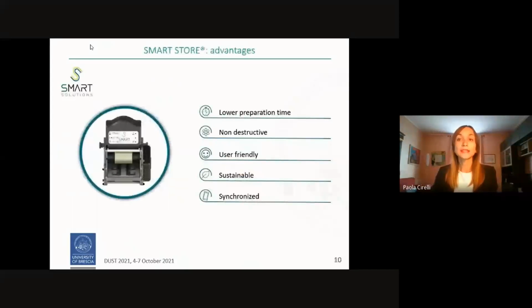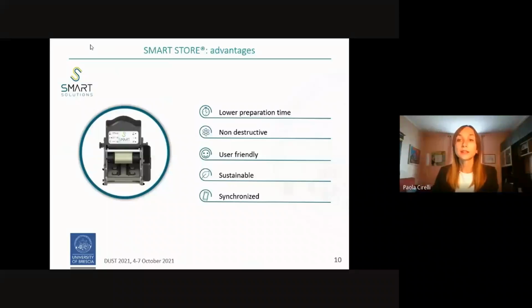This procedure has several advantages. With respect to the conventional methods for filter analysis, the Smart Store system allows to shorten the sample preparation time. The sample is not destroyed during the procedure, so it can be analyzed several times, also with different instrumentations. This system is user-friendly, as the operator can be anyone and not necessarily a chemist.